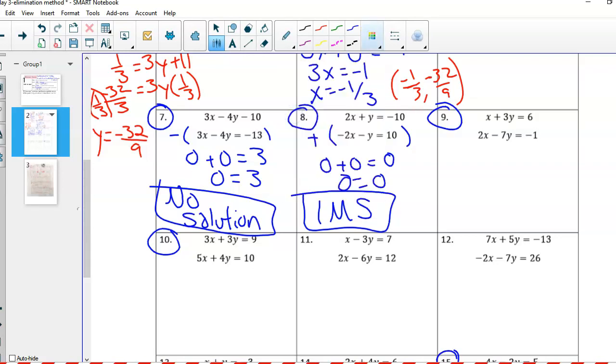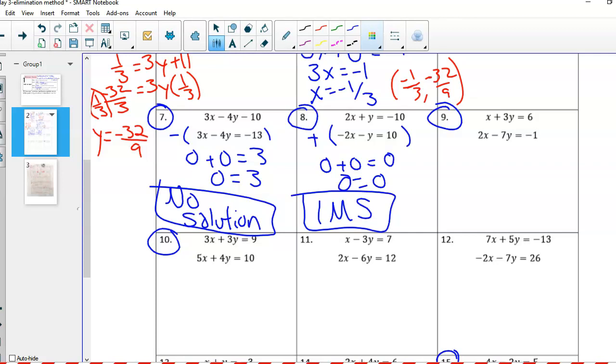For number 9, do we have a variable with the same coefficient? No, we don't. So anytime you don't have one, you need to make one. First you need to choose whether you want to eliminate your x's or your y's. Then we need these both to have the same number.